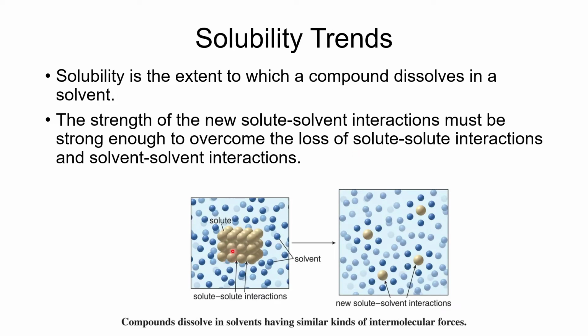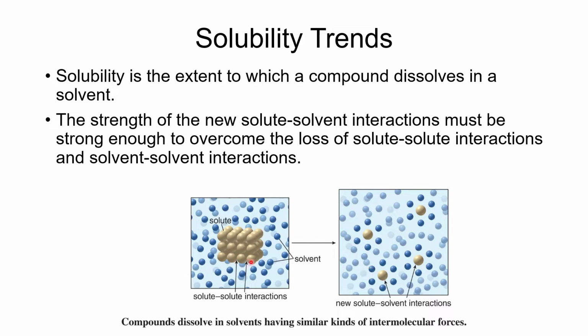So if we've got a compound, here is some compound like a solid, and there is the solvent, we'll find that in order to make a solution, we have to separate the solute particles apart from each other. And so we have to give up the solute-solute interactions that are occurring here. Now, when we do that, we're going to get new interactions between the solute particles and the solvent particles. So we will get new solute-solvent interactions.